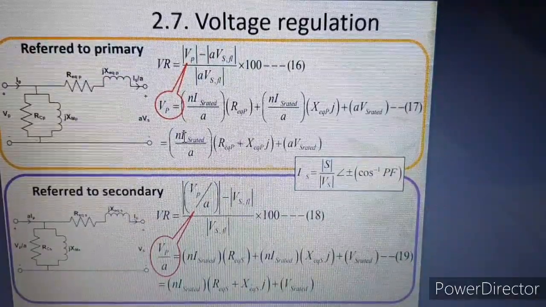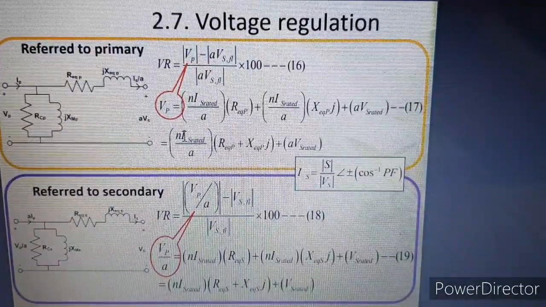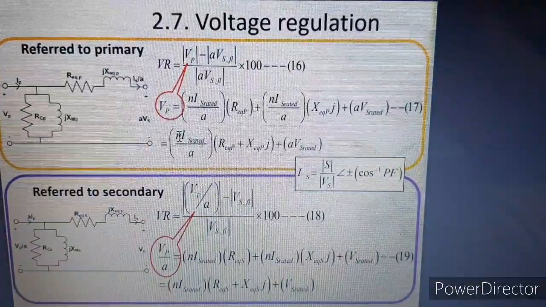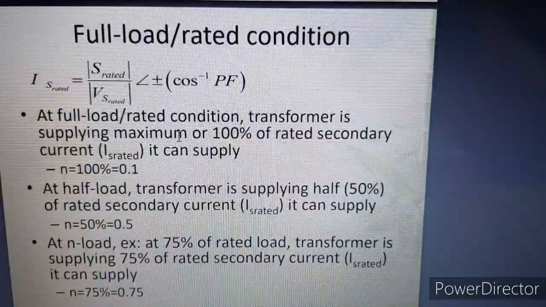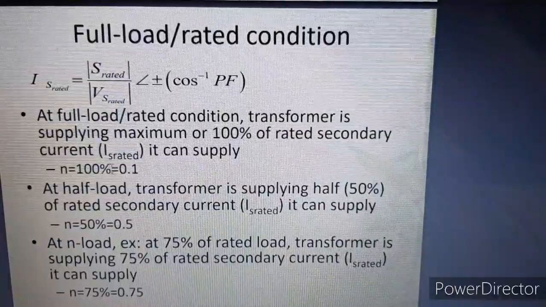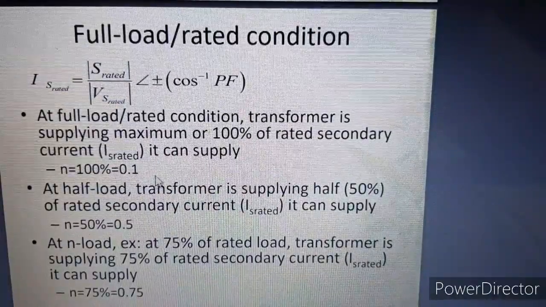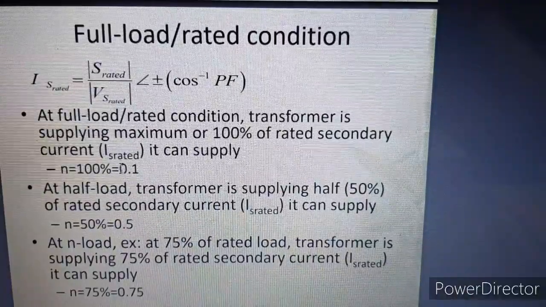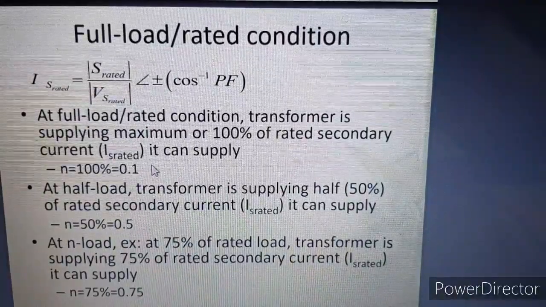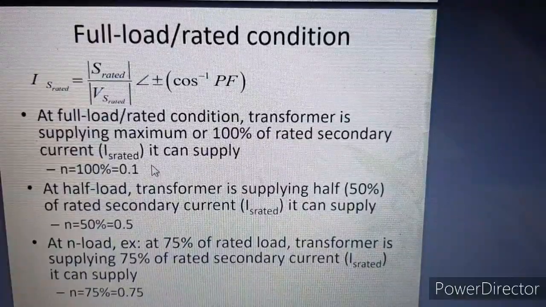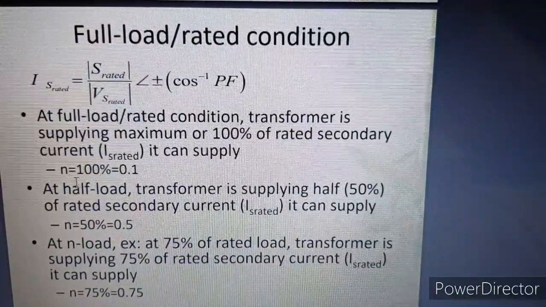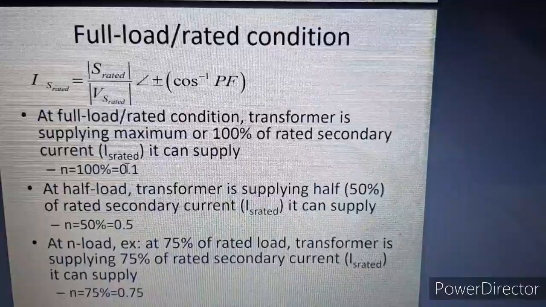Why? Your transformer can be operating at any condition. If it's operating at full load, then your N is, oh, this is wrong, this should be 1. My mistake. N equals 100%, or equal to 1.